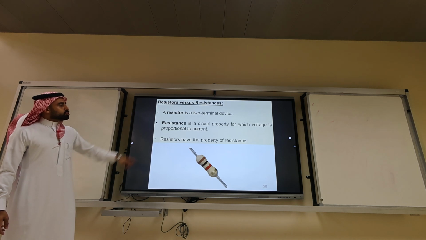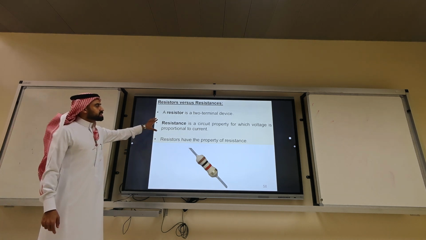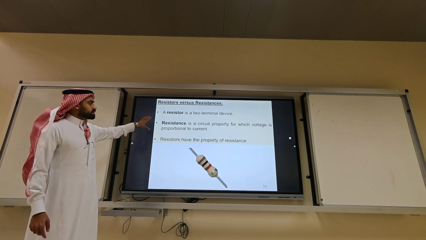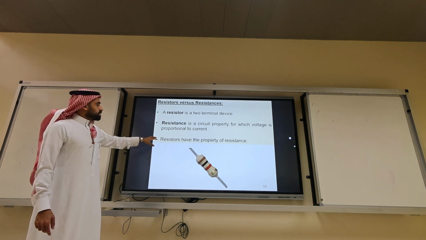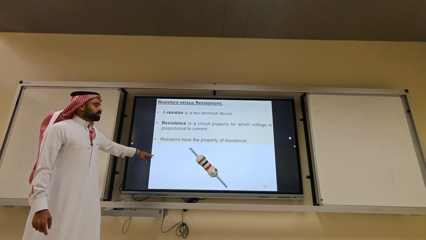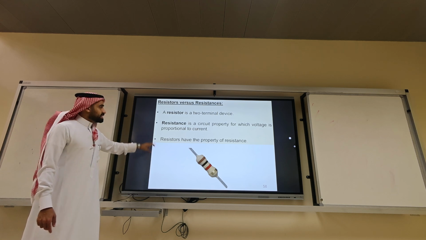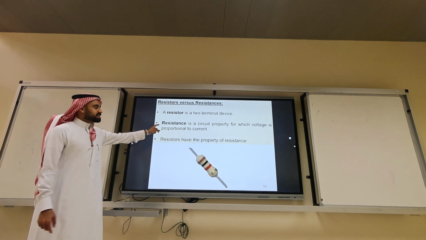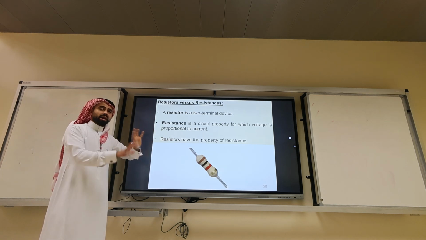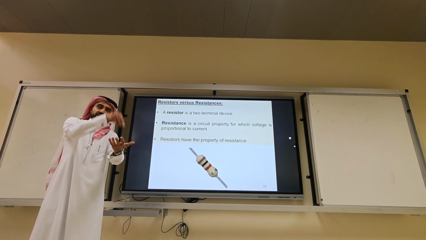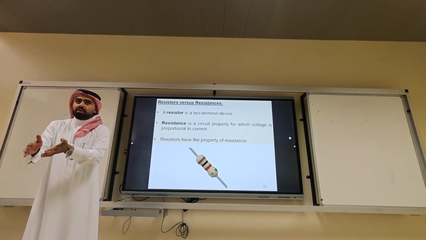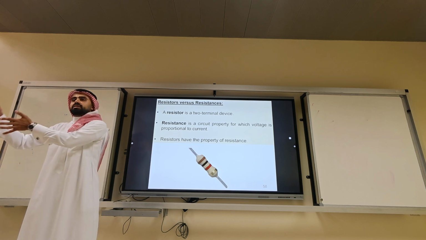So a resistor is a two-terminal device. Resistance is a circuit property in which voltage is proportional to the current. Resistors have the property of resistance. Okay? Resistivity is the property of the material. Resistance is the resistance itself. A resistor is the element itself. So a resistor has a resistance which is impacted by its resistivity.